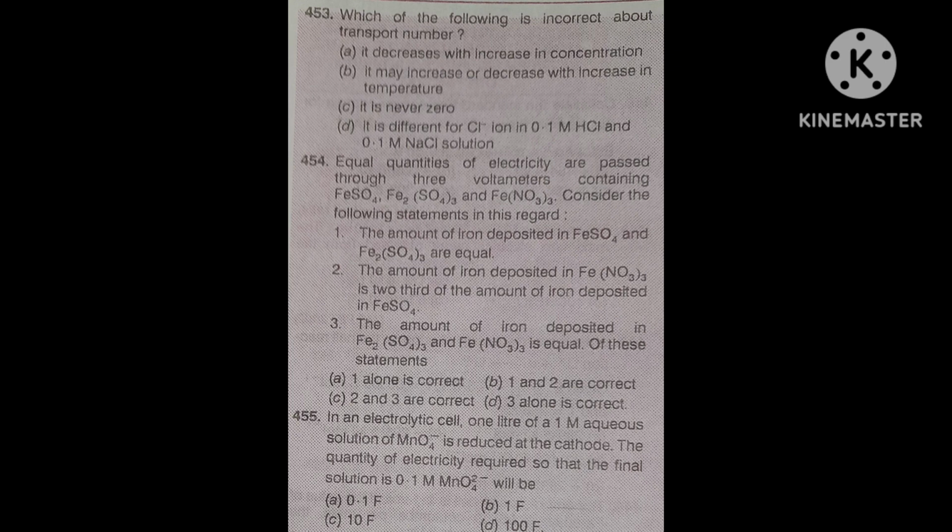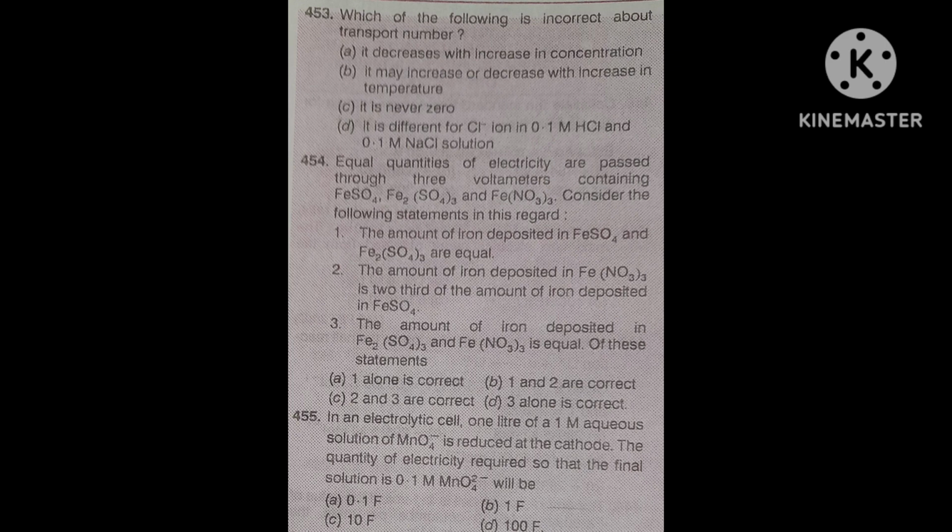Now, second step, you have to consider that 1 mole of MnO4 2 minus can be obtained by passage of 1 Faraday, according to the definition. Because only 1 electron is involved, 1 mole of MnO4 2 minus can be obtained by passing 1 F.